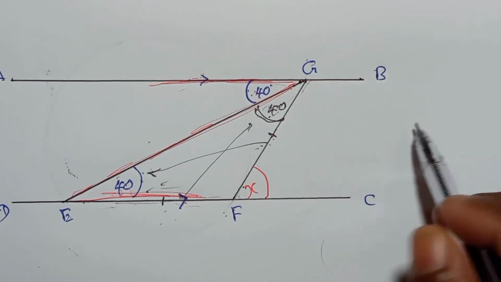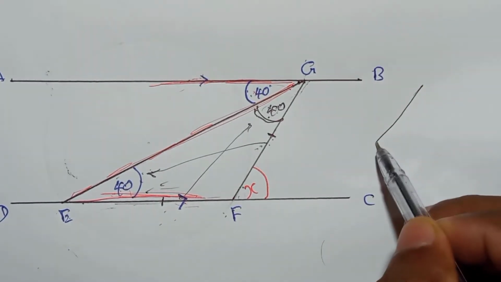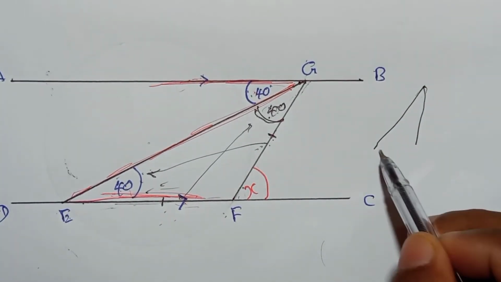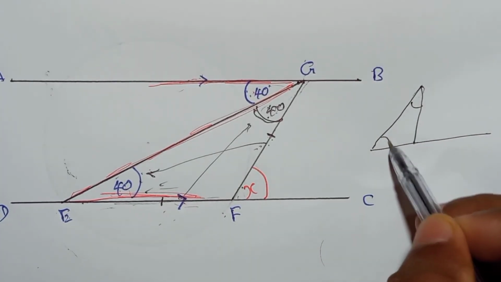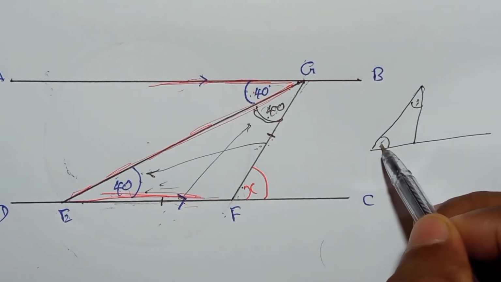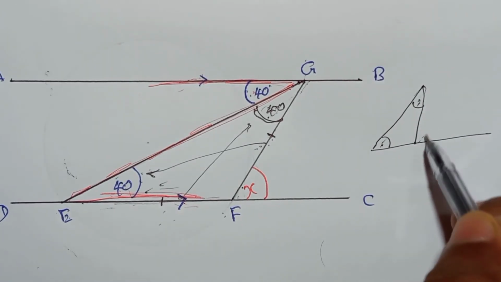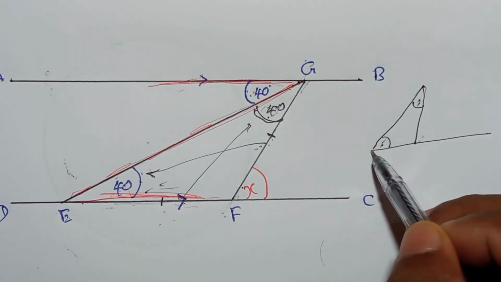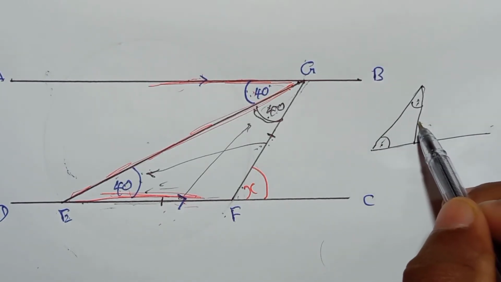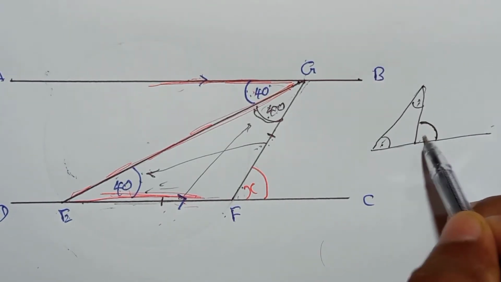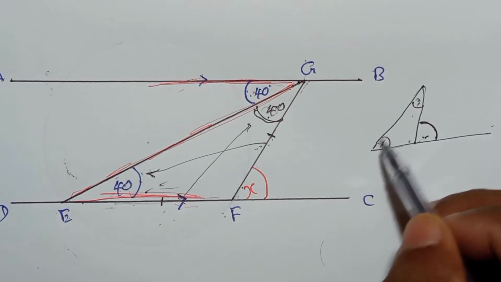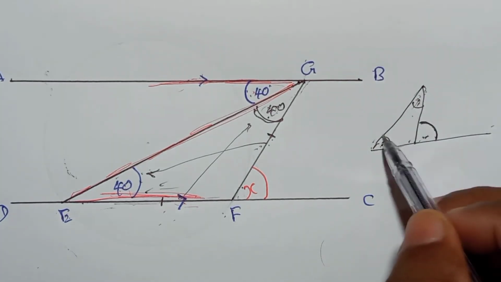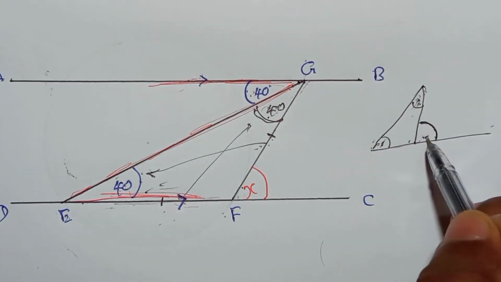Okay, then a very simple theorem, try to understand this way. These two angles are equal to this exterior angle. In a triangle, if you extend one side, you get the exterior angle, no? This exterior angle is equal to the sum of the interior opposite angles, right?